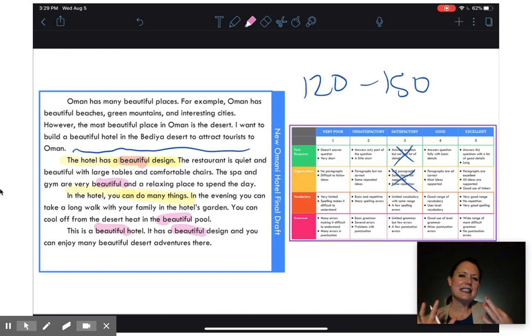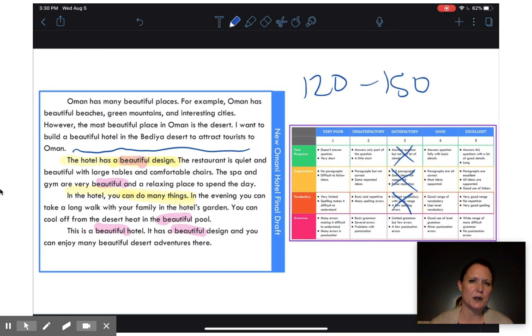So we're not seeing a good range of vocabulary, right? But because it was typed, all of the words are spelled correctly. So again, I think this essay is a satisfactory use of vocabulary. Yeah, it has some nice words in there, but it overuses beautiful.